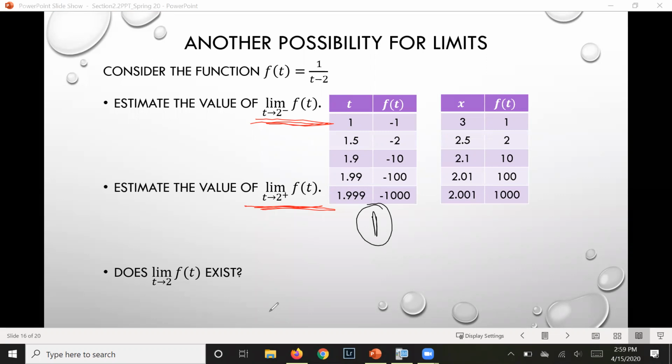Notice we input 1, we get negative 1; 1.5, we get negative 2; 1.9, negative 10; 1.99, negative 100; 1.999, we get negative 1,000. So it looks like the values there are getting more and more negative. We probably assume that if we continue plugging in values closer and closer to 2, we would get that same thing. So it looks like here the limit is approaching negative infinity because the values are getting more and more negative.